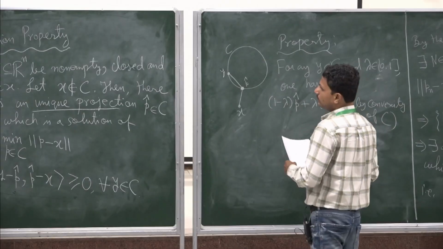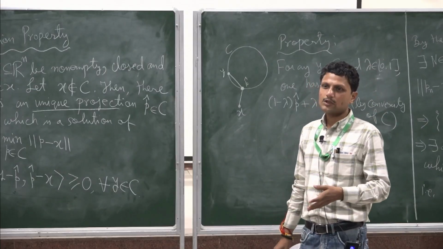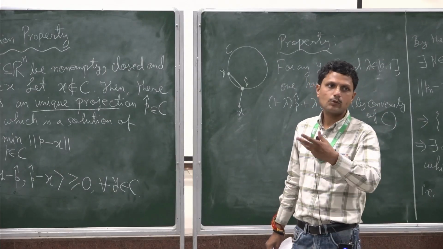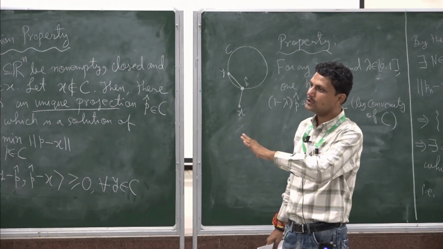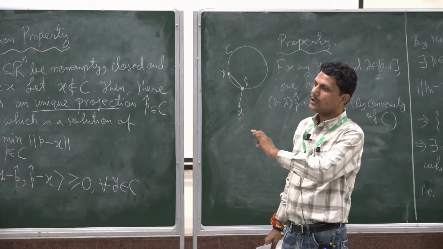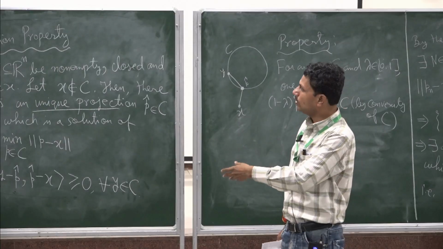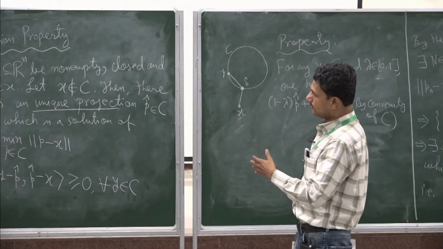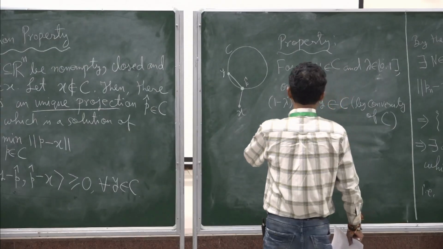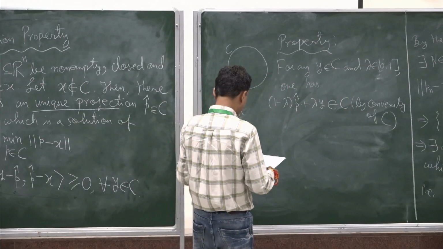So the first property that we have seen is true without convexity. We haven't used the convexity, but we need the set to be closed. So if the set is closed and non-empty, then we can apply the first result. But for this property we need the convexity of the set.